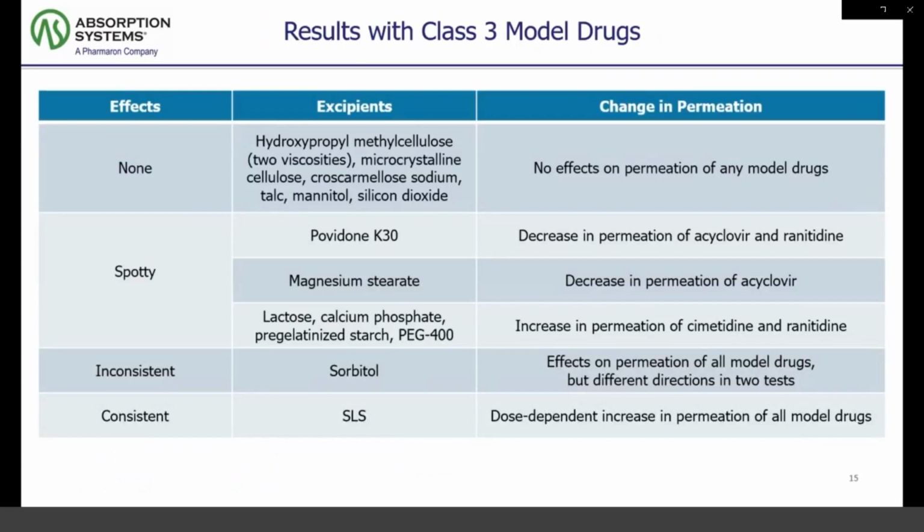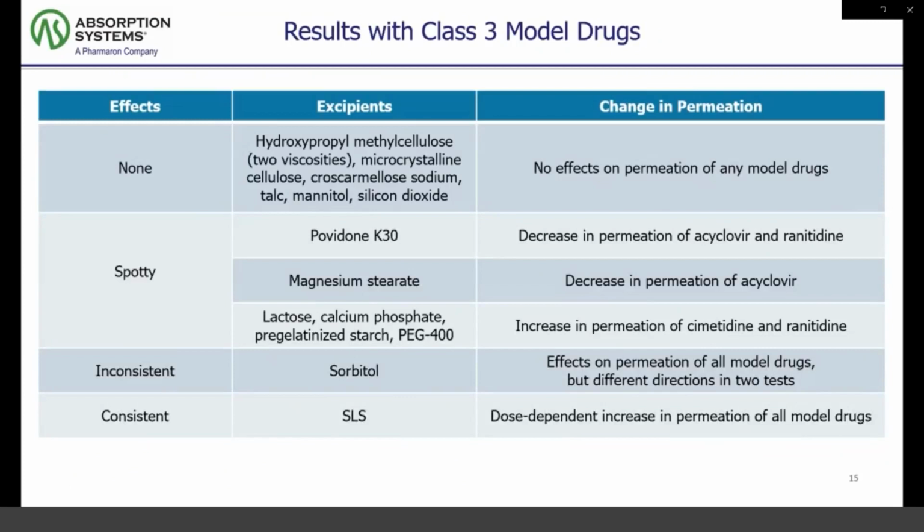This is a summary of the results of this phase of the project. So 7 excipients, hydroxypropyl methylcellulose at 2 viscosities, microcrystalline cellulose, croscarmellose sodium, talc, mannitol, and silicon dioxide had no effects on the permeation of any of the model drugs.